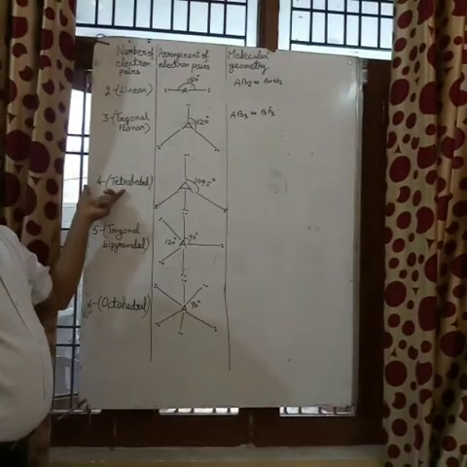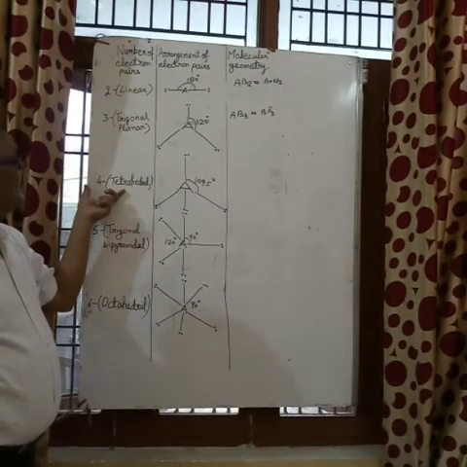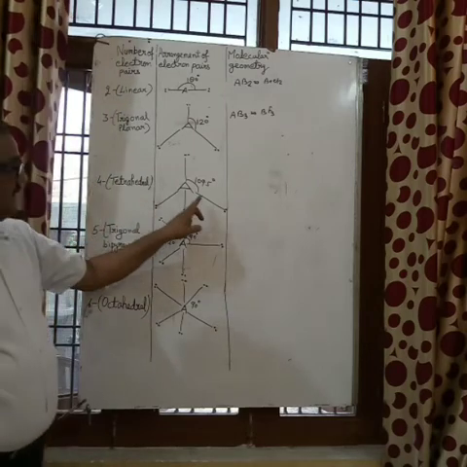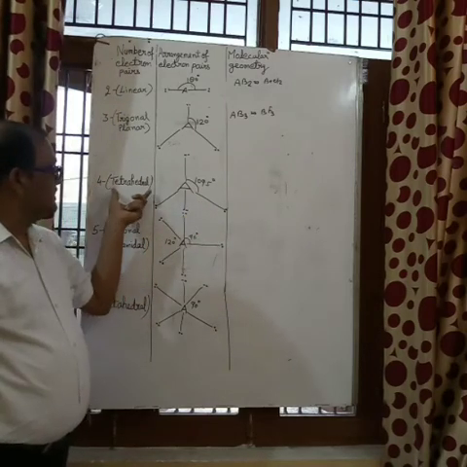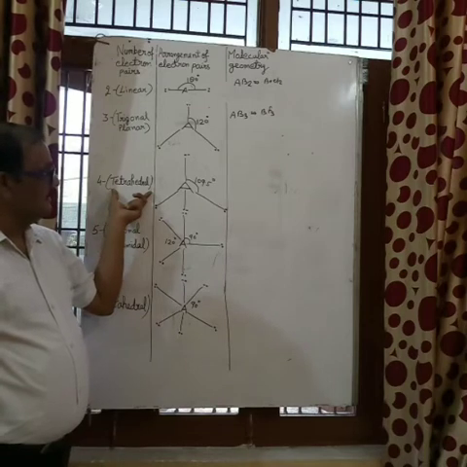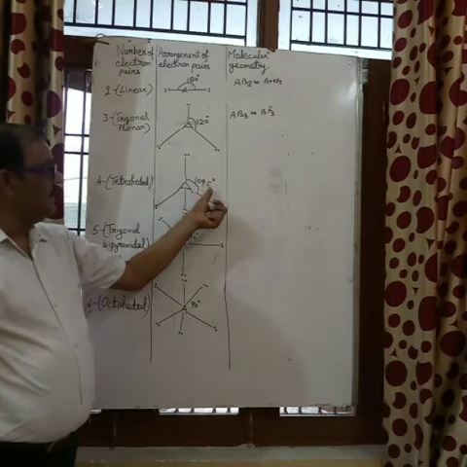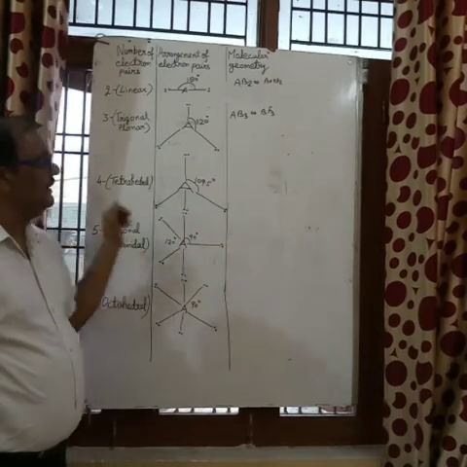And next, if there are 4 electron pairs, then the possible geometry is tetrahedral and the bond angle is 109.5 degrees.